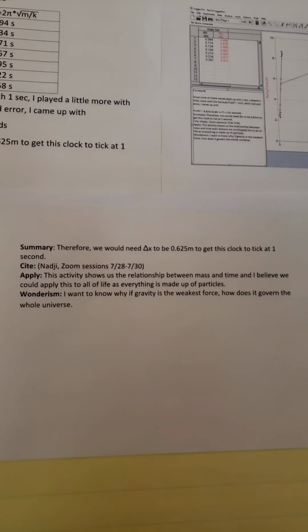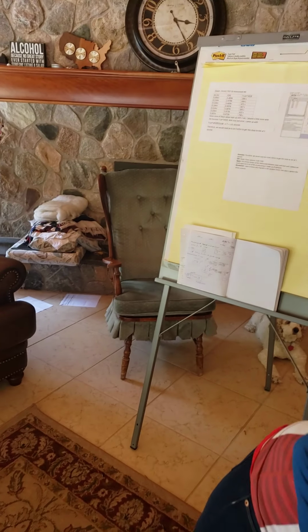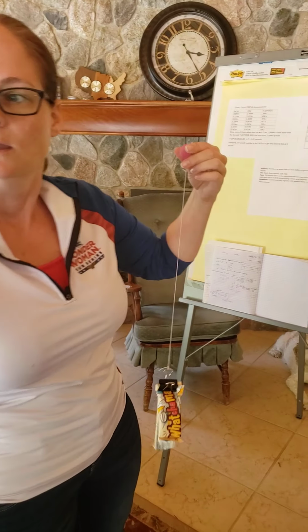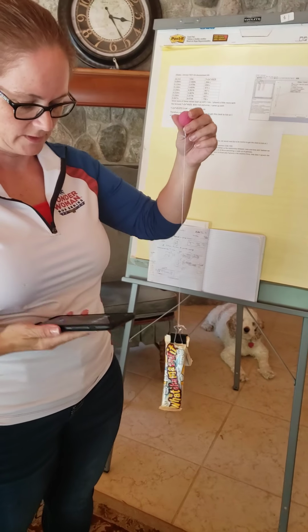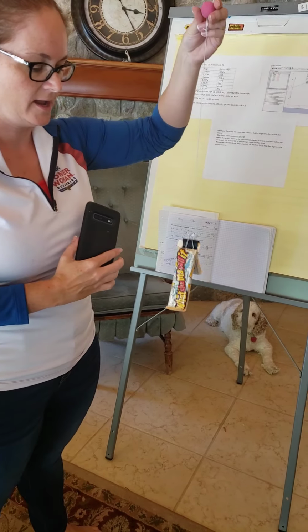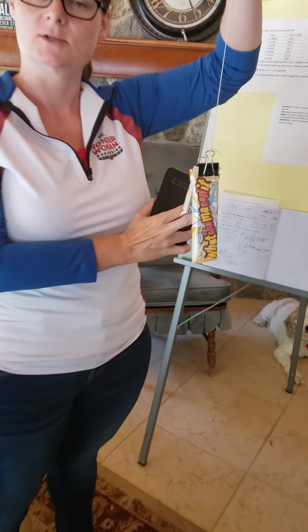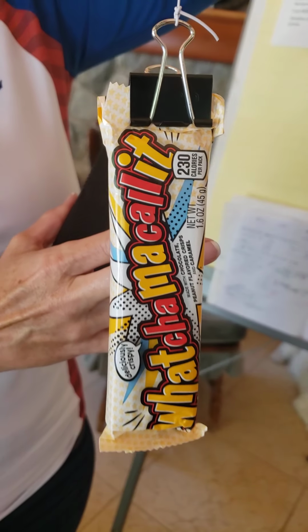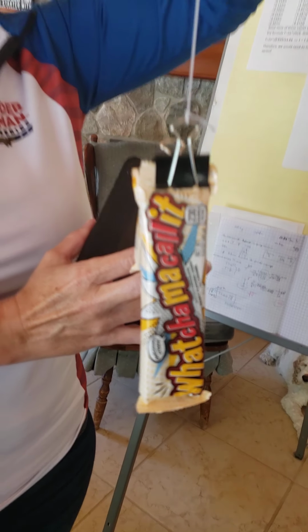Now I'm going to hand over my phone to my wonderful assistant here, and I'm going to show you how I made a clock myself. I have Whatchamacallits here because you say whatchamacallit a lot in class, and they are my favorite candy bar.